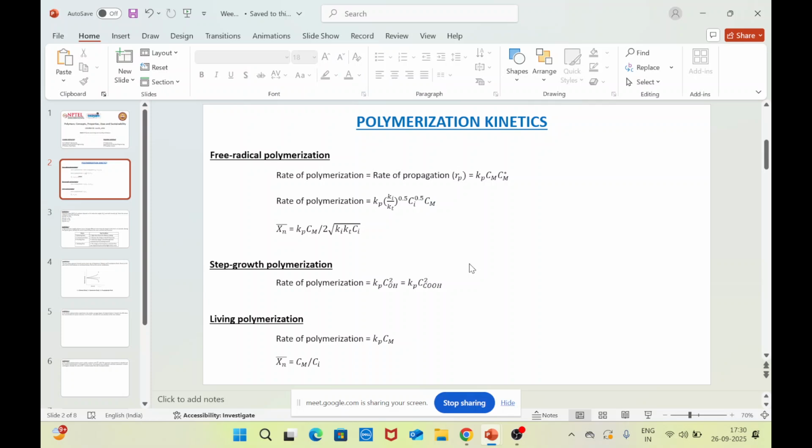So this is the rate of polymerization. Here Ci is the concentration of the initiator, and Ki and Kt are the rate constant of the initiation reaction and the rate constant of the termination reaction.